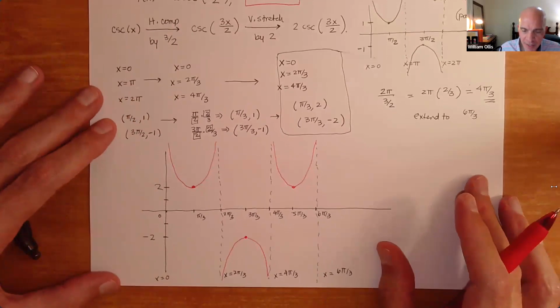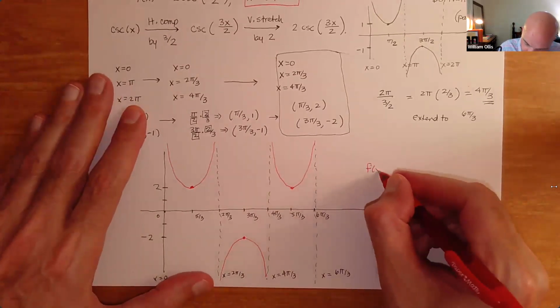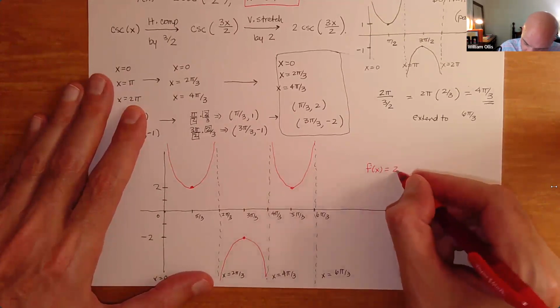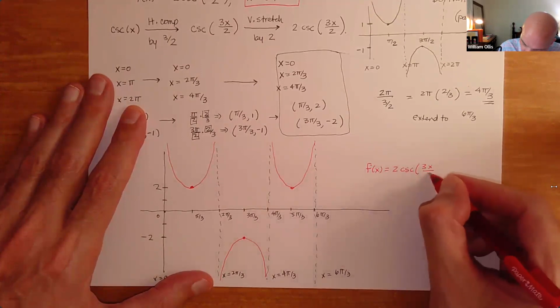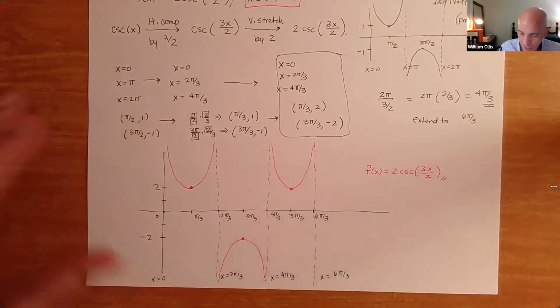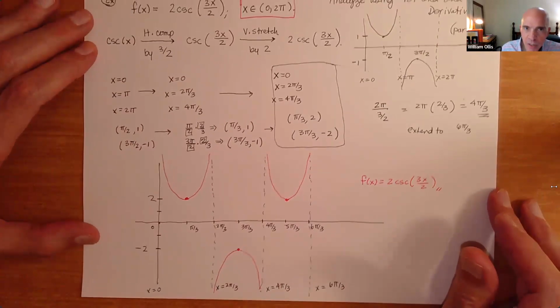So when we look at this, this gives us the function f of x with the pre-calculus techniques, 2 cosecant 3x over 2. That's the pre-calculus derivation that we would use.